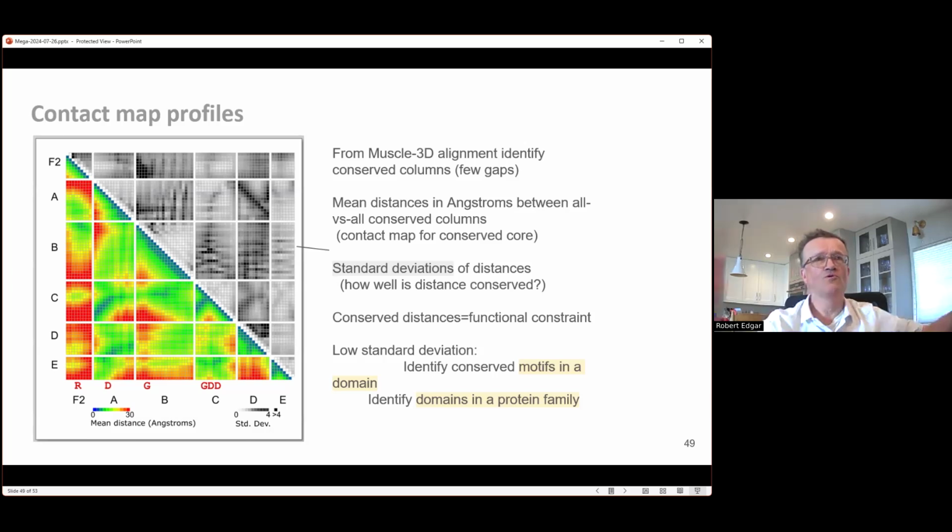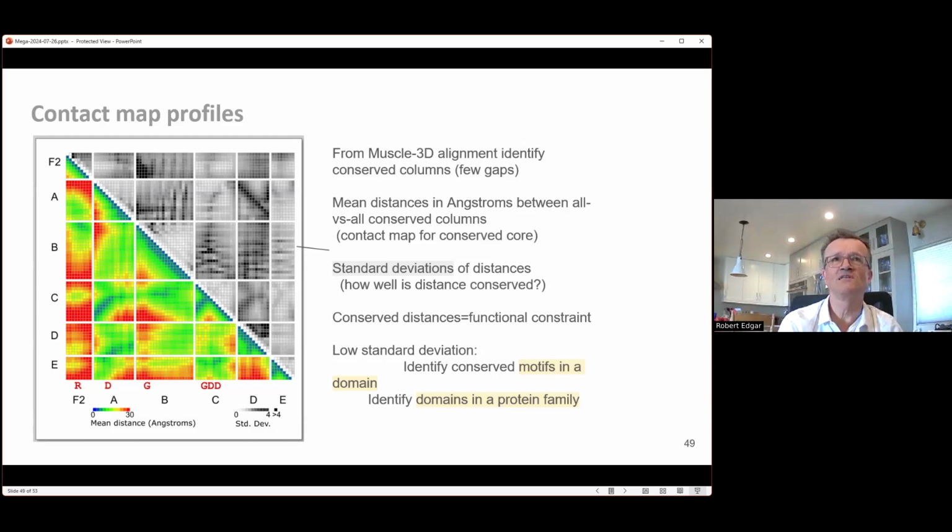Also, over a larger scale, hopefully you can pick out separate domains from each other, because if you have two domains doing different functions, they're not constrained to be at any particular distance relative to each other. They just have to fold together as a unit.